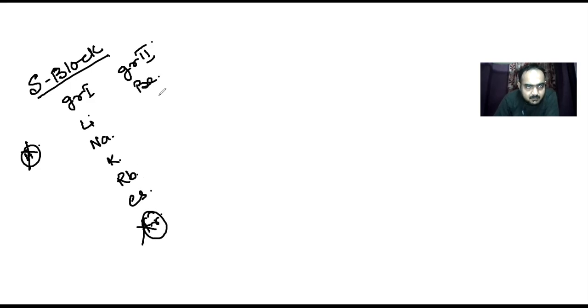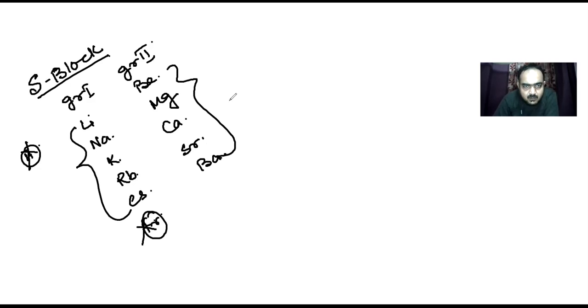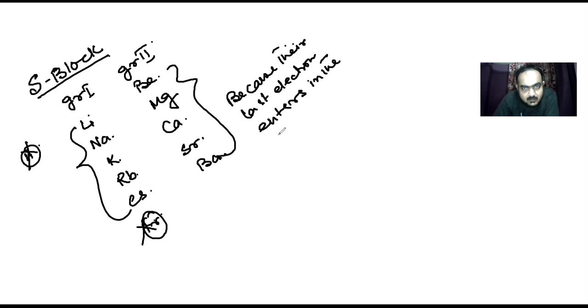Here, beryllium, magnesium, calcium, strontium, and barium. These are the S block elements, because their last electron enters the S orbital. The topic is very important.